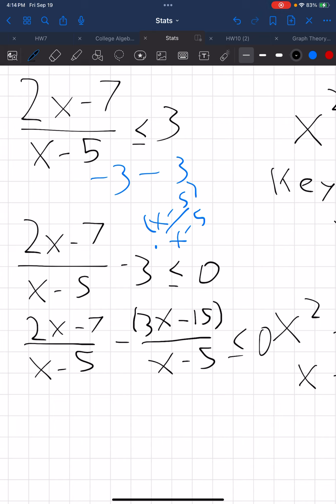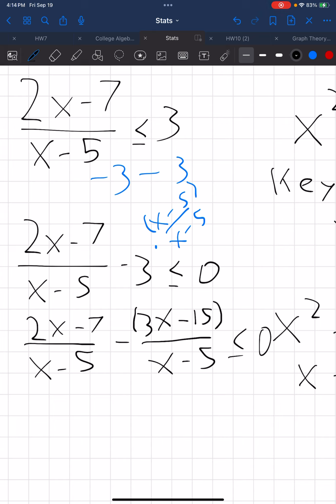Really I want negative 3x plus 15. So 2x minus 3x gives me negative 1x, and then negative 7 plus 15 gives me positive 8. So then I have (negative x plus 8) over (x minus 5) less than or equal to 0.